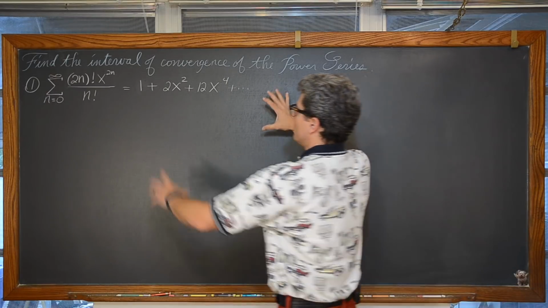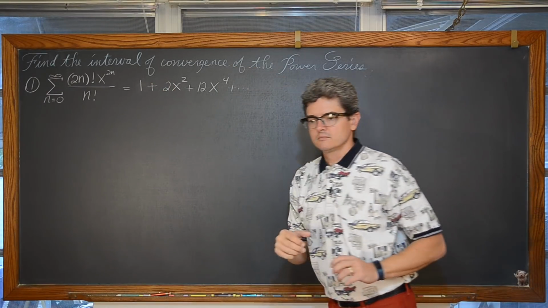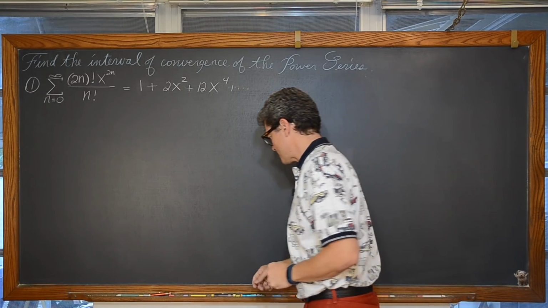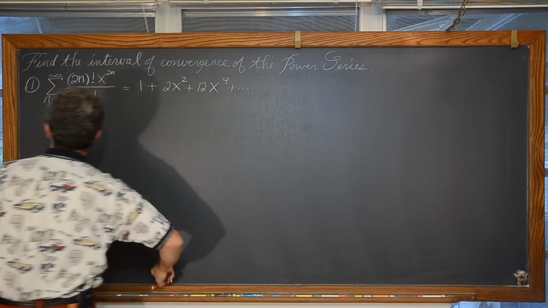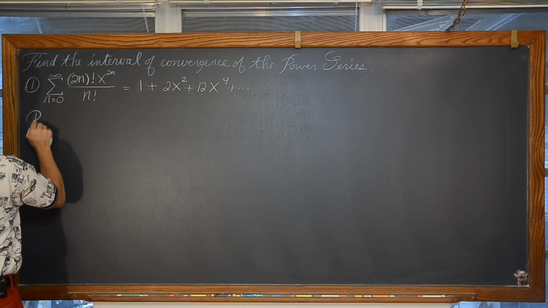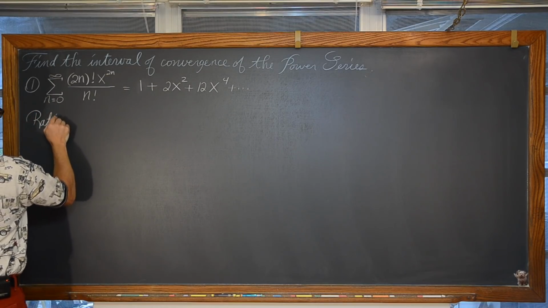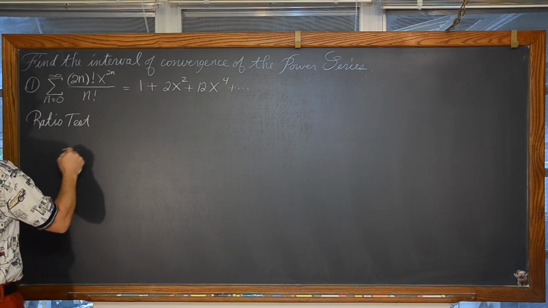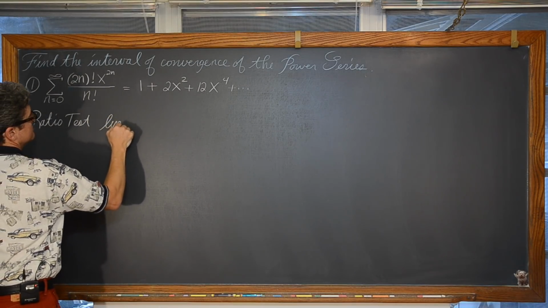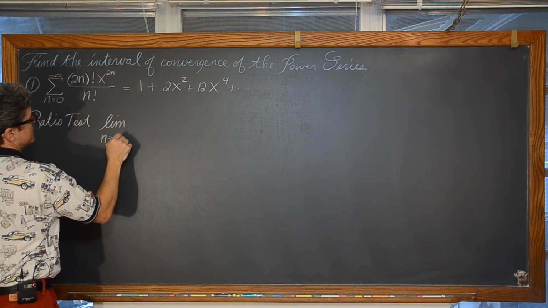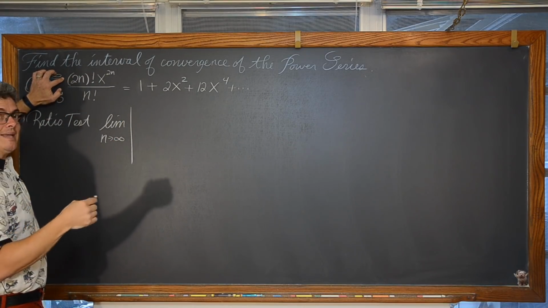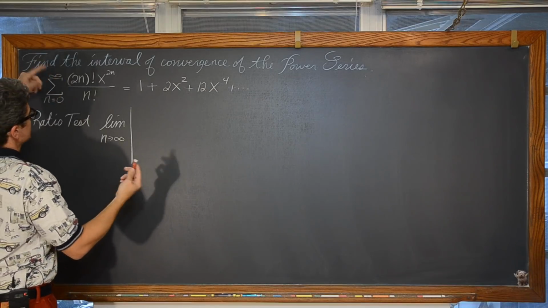What's the interval where this series converges? Okay. So we're going to do that ratio test. So by the ratio test, we're going to be looking at the limit as n goes to infinity of this expression here, a sub n plus 1 over a sub n, just like the previous section.